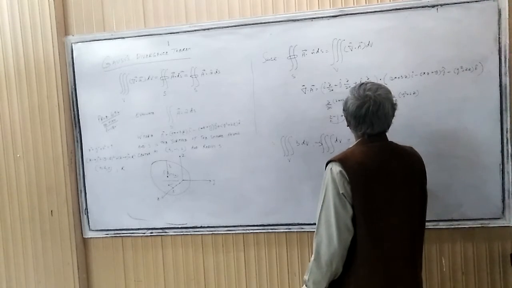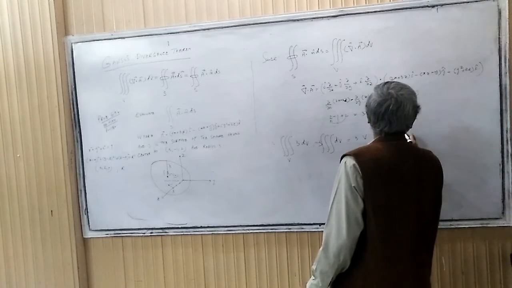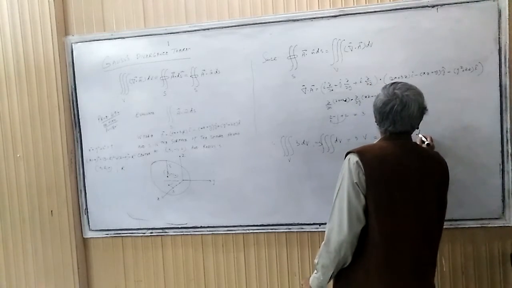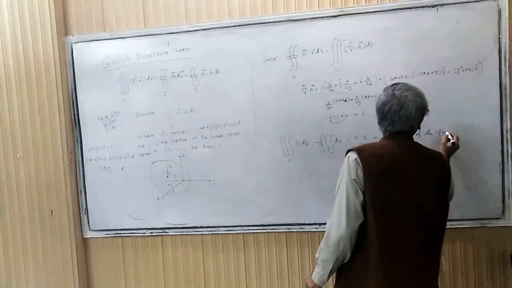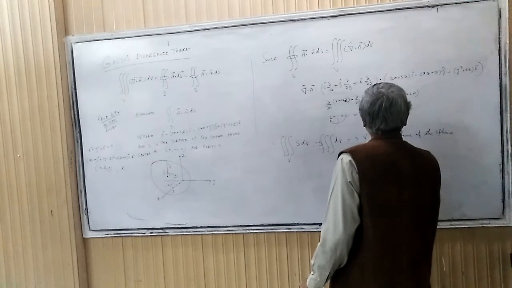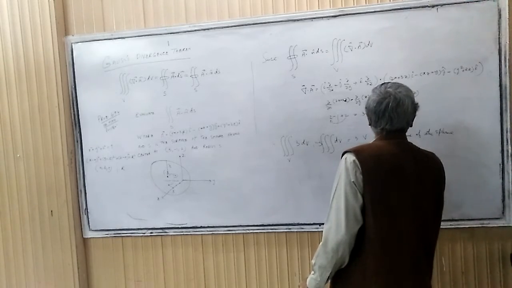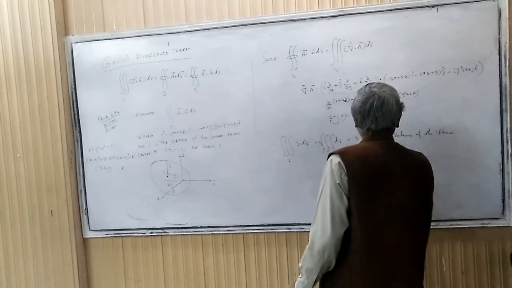Now if you calculate that, it will give you V, which is the volume of the sphere, which is given to you. Okay, and you know what is the volume? It is 4 by 3 pi r cube. So 3 cancel. 4 pi.